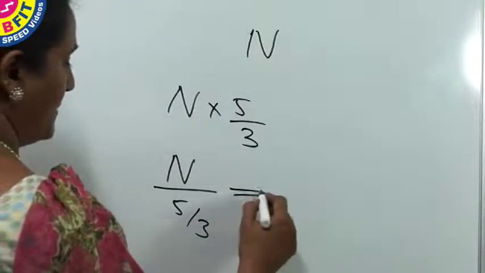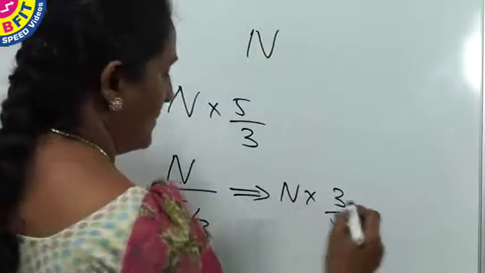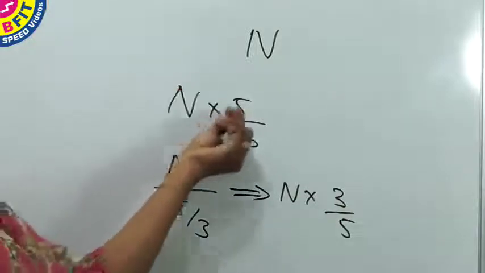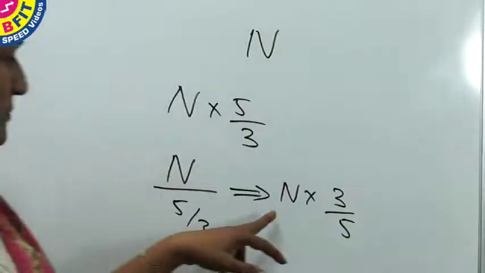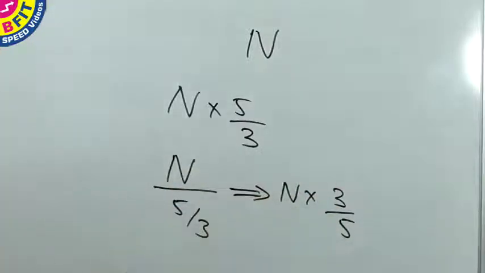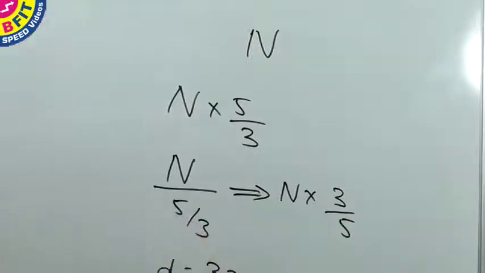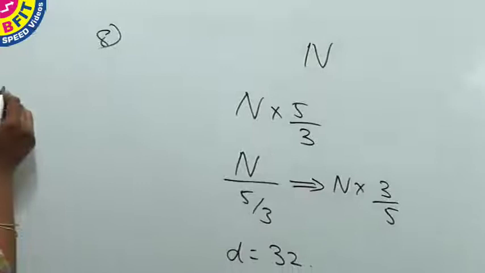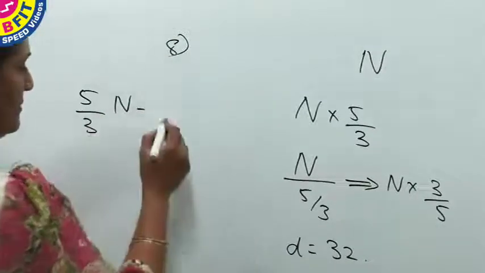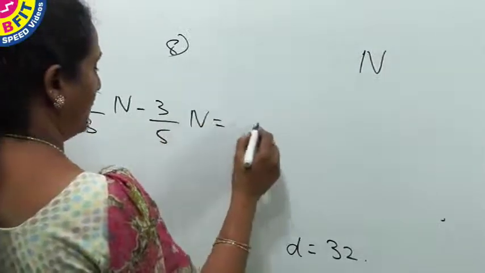Which implies the number is multiplied by 3 by 5. The correct operation is to multiply the number by 5 by 3, but it is multiplied by 3 by 5. The difference in answers is given as 32. So it is 5 by 3 times n minus 3/5 of n, which is equal to 32.